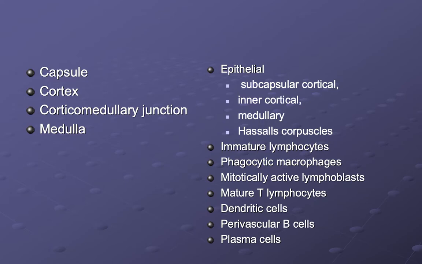Then the lymphocytes, which become mature as you proceed from cortex to medulla, from immature lymphocytes, a combination of other immune cells, phagocytic macrophages, dividing lymphoblasts, mature lymphocytes, dendritic cells, our APCs, B cells surrounding blood vessels, and then the plasma cells.